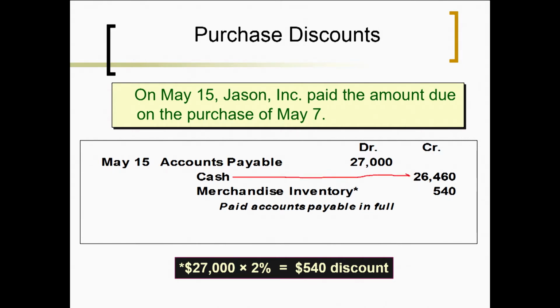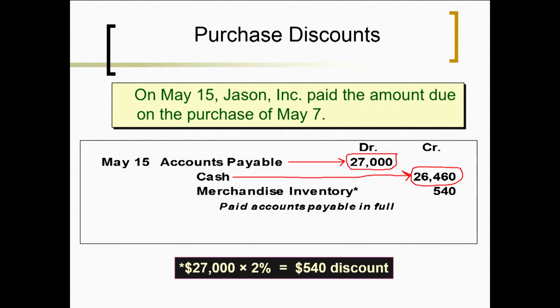We only have to give them 98% of $27,000, which is the 100% minus the 2% discount. So we only have to give them $26,460 of cash, right? Yet we're going to debit or decrease the accounts payable for the full $27,000.